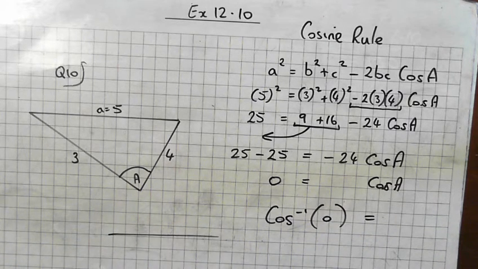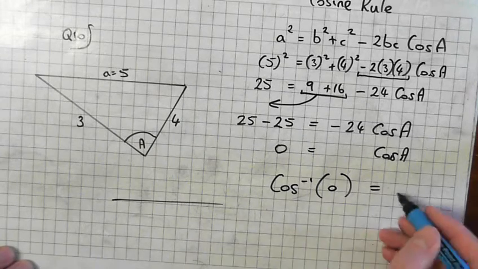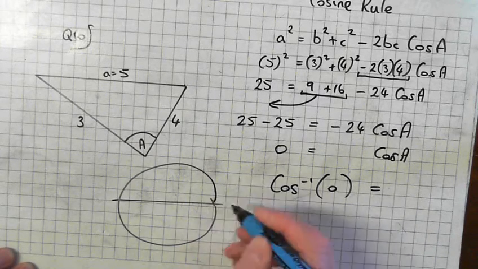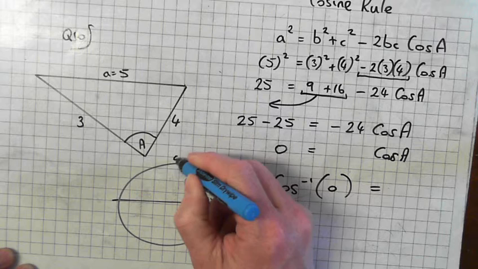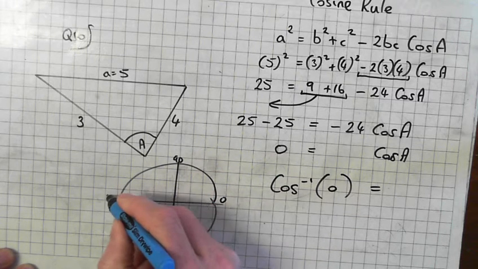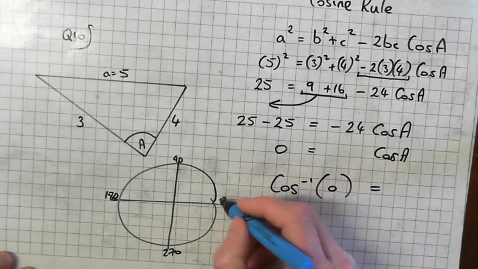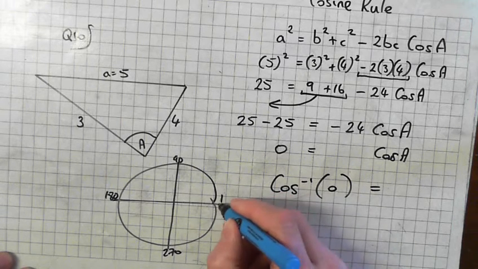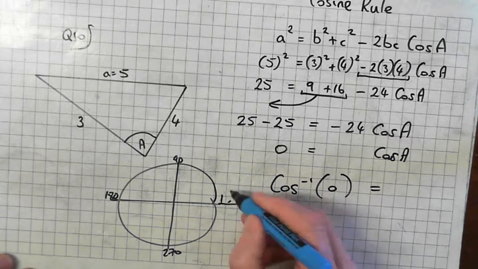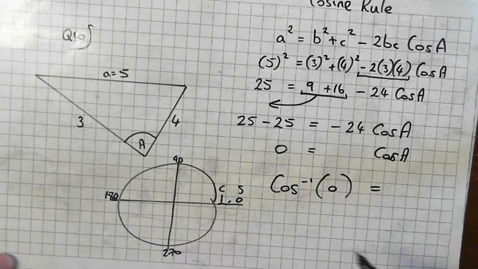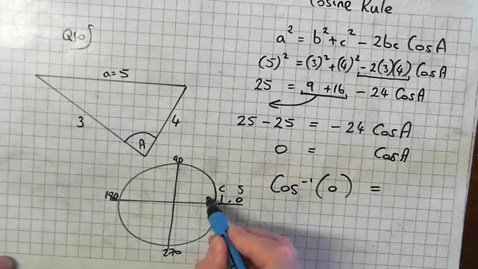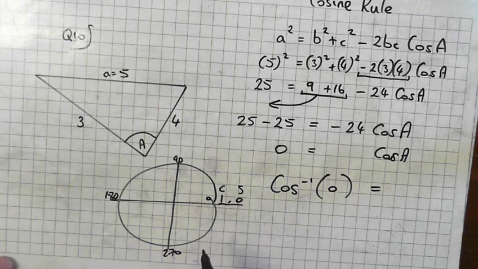You don't have to use a calculator to do this. You can also use the unit circle. This is 0, that's 90, 180, 270. So this coordinate here is 1, comma 0. Cos followed by sine. So what's the cos of 0? This is 0 degrees. Cos of 0 is 1.